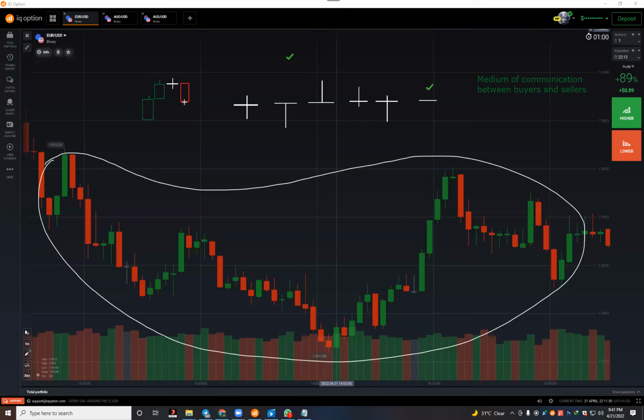Here there was no resistance, no support, no breakout. The buyers need to create a candle, but the buyers are unable to. So they will create a doji. So the doji is a communication medium, an exchange of opportunities.